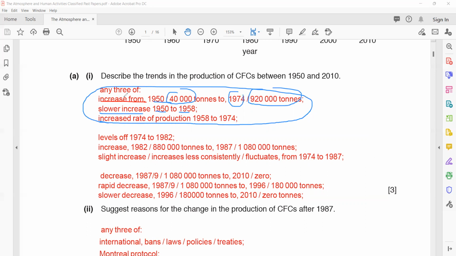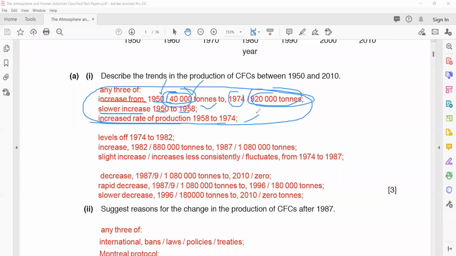The first thing, you can say there is an increase, and you can use the numbers and values: 1950, this is how much, and 74, how much. And you can also mention the slow increase. You can say there's an increase, but slowly. And you can say the increase rate of production 1950 to 78. So it's up to you how you do this.